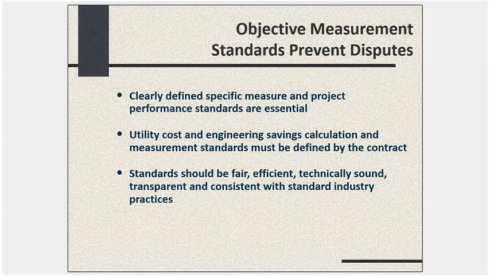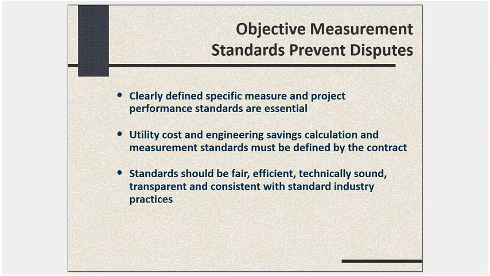So this next thing is about M&V. Why am I talking about objective measurement standards? It's important to have your standards and project performance standards clearly defined. Why? Because if they're unclear, that can lead to a misunderstanding or a dispute about whether you're achieving your performance objectives or not.